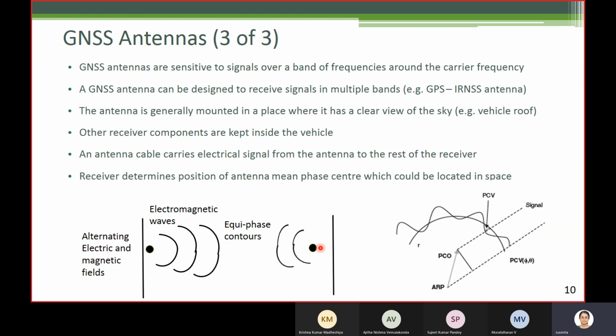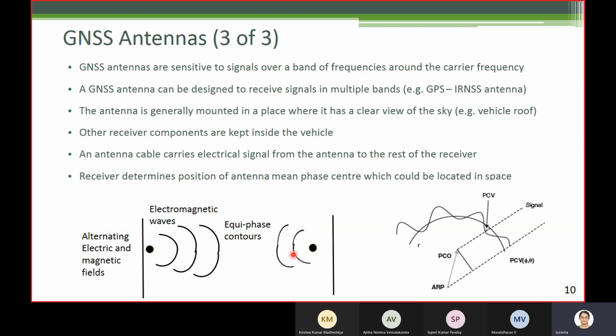Now think from the point of view of a receiving antenna. In case of the receiving antenna, suppose it is an ideal antenna, it will see the received electromagnetic waves this way.